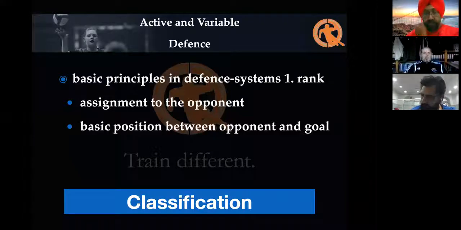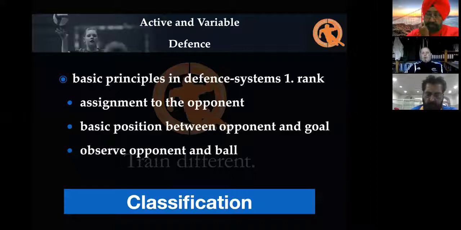Referees know that. Third is observe opponent and ball, which is a little bit different in two situations. In the one-on-one situation with ball, it's easy to focus on both elements.